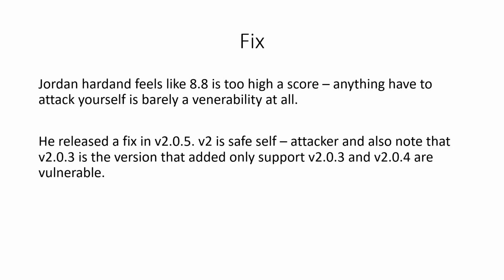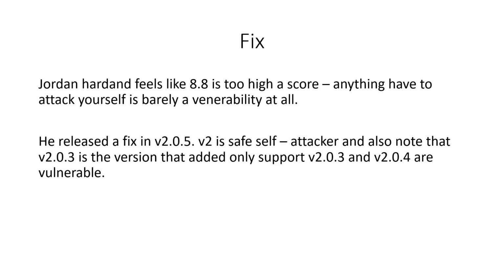And going to the next slide, how to fix that problem. John Hidden fixed this problem, rated 8.8 high severity, with an attacker being able to exploit the vulnerability. He released the fix in version 2.0.5, so we use this one, and V2 is safe from the attacker.